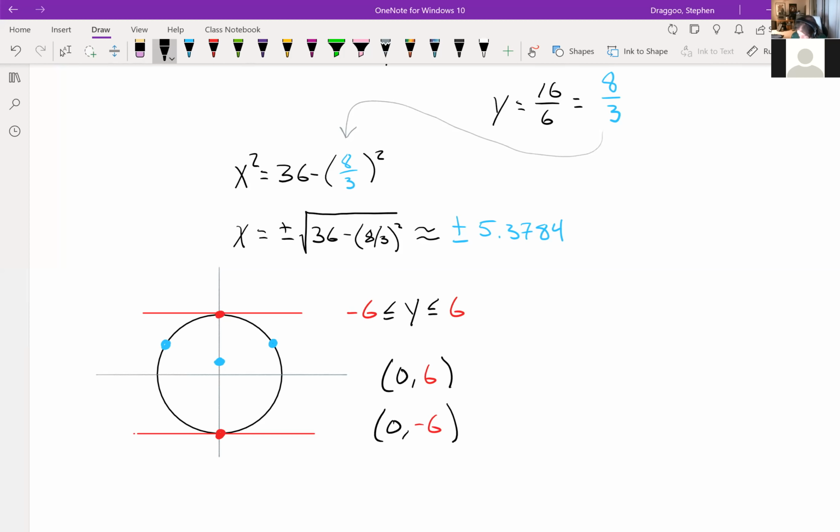The points I got up here, I forgot to actually write down what they were. But it's going to be 8/3, and then plus or minus 5.3784. So altogether, 5 different points that we're going to need to check.